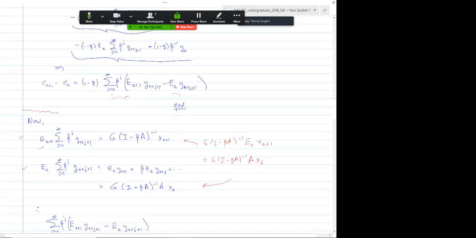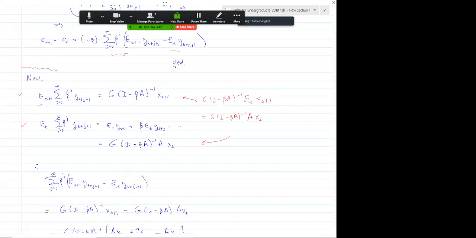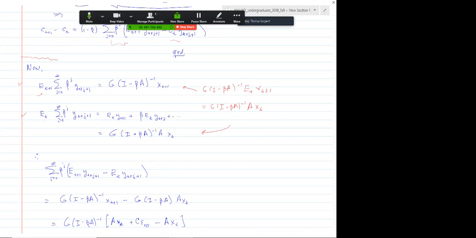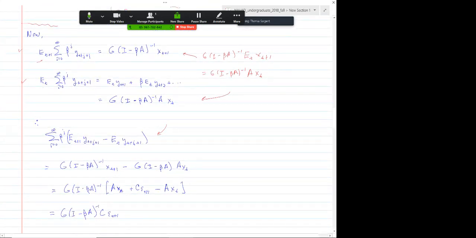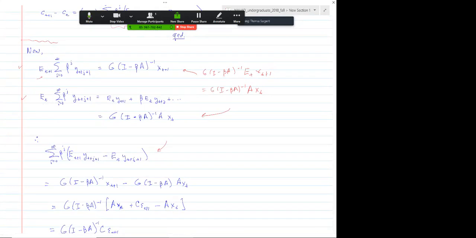So therefore, I can just do a little piece of math. I can just subtract those two to compute our key term. Remember, our key term is the news in the present discounted value of your labor income. And if you do that, you just rearrange.